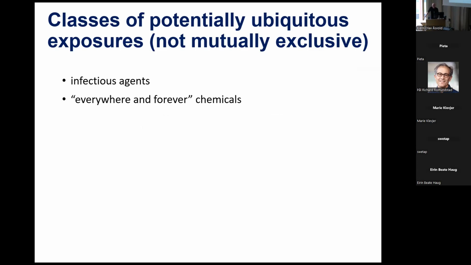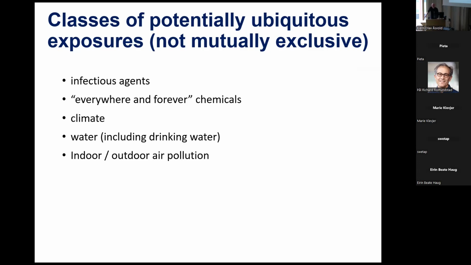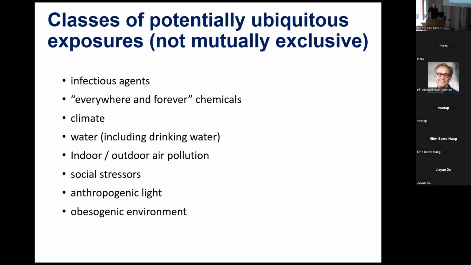There are also forever chemicals, climate, water, including drinking water, indoor and outdoor air pollution, social stressors, anthropogenic light, which has been interesting with breast cancer, for example, obesogenic environment, mobile phone use, things which within contiguous regions would be similar.